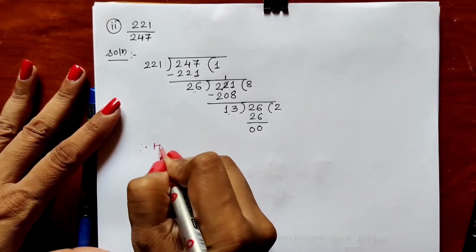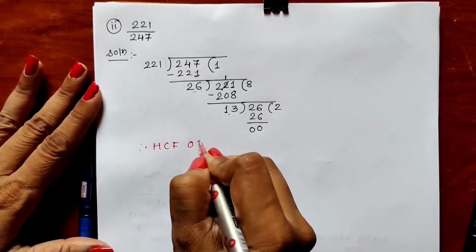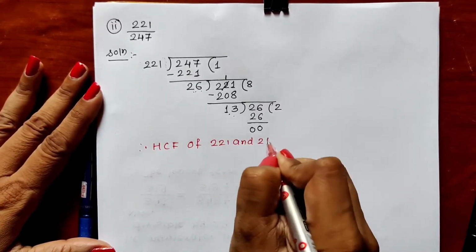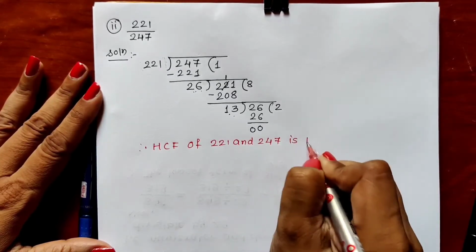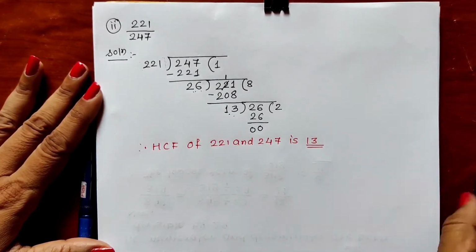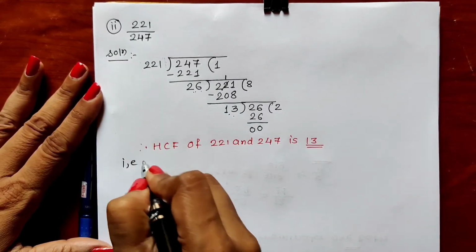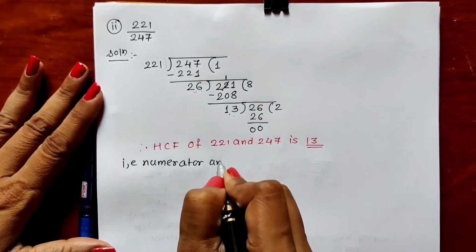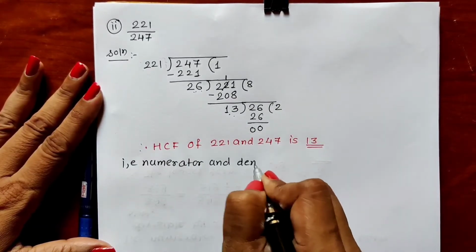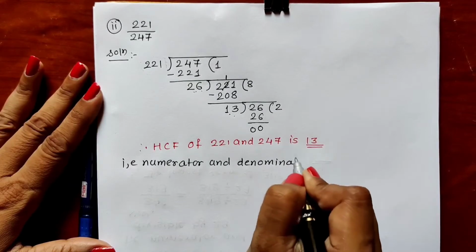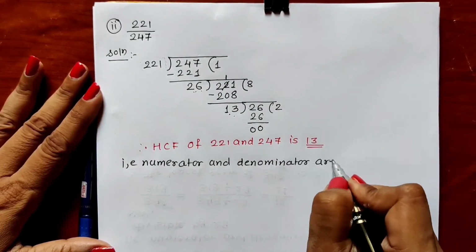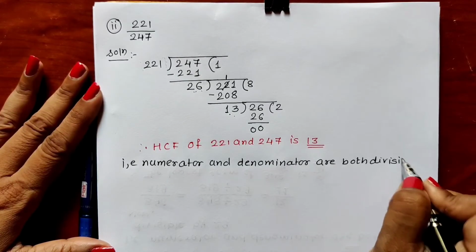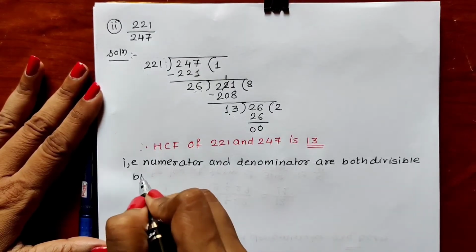So therefore SCF of 221 and 247 is 13. So as SCF is 13, what does it mean? That is numerator and denominator are both divisible by 13.